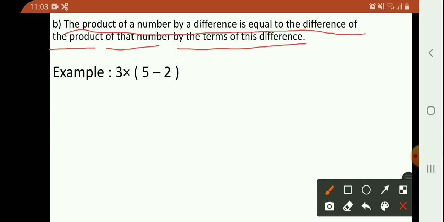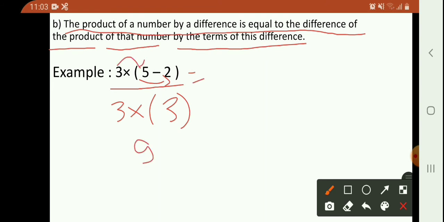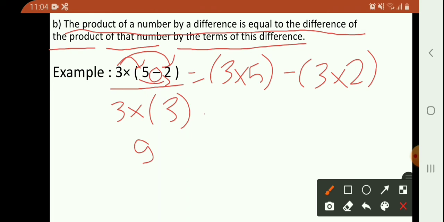Let's see an example. 3 times 5 minus 2 equal 3 times 5 minus 2, 3 equal 9, or 3 times 5 هون عنا ماينس بنحطها هون 3 times 2 equal 3 times 5, 15, minus 3 times 2, 6, equal 9.